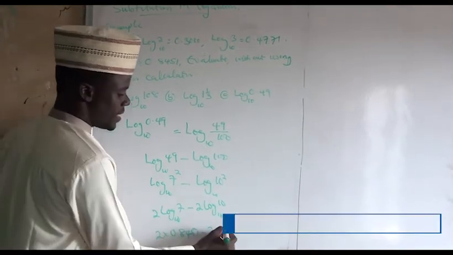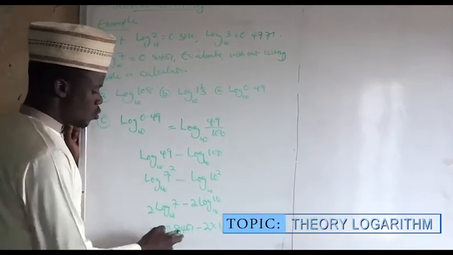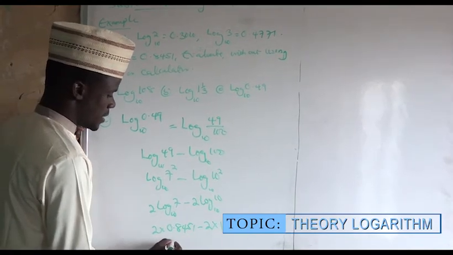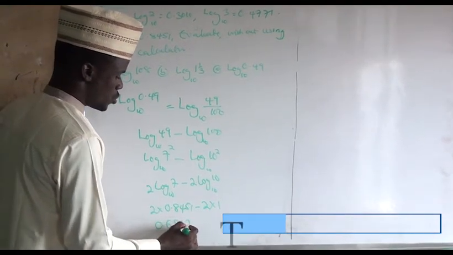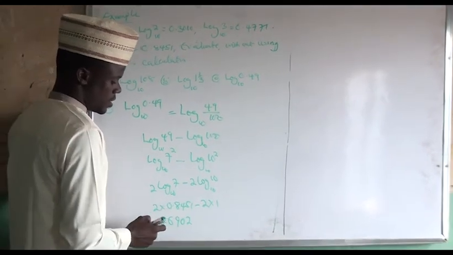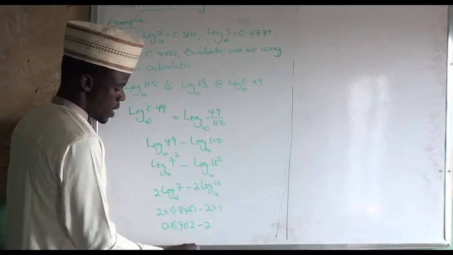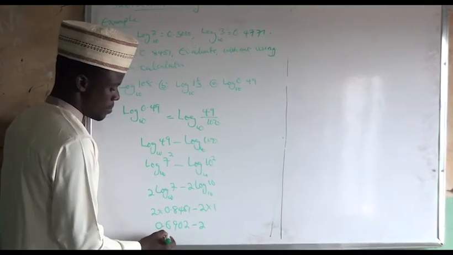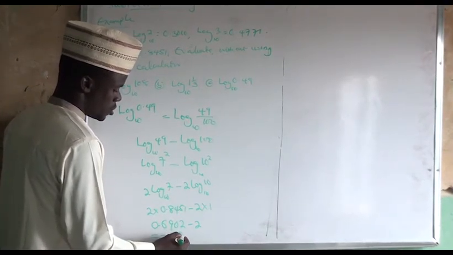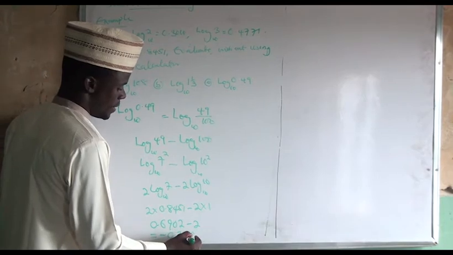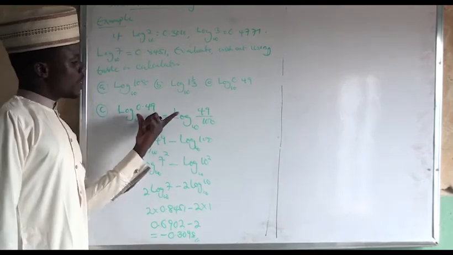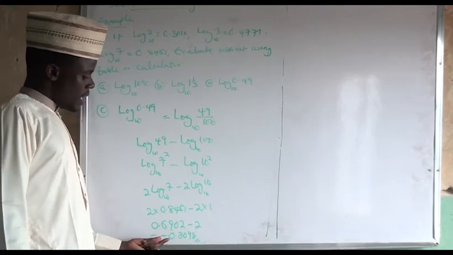So here we can say times 1. So 2 times this, here we have 0.6902. Then we say minus 2. Here all in all we have minus 0.3098.